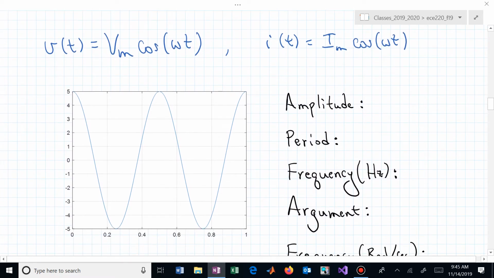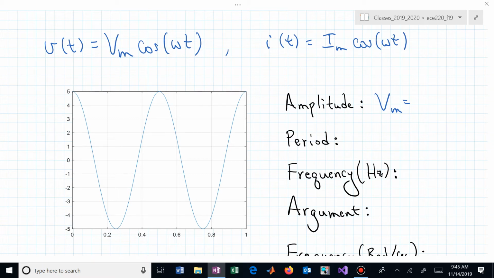But now for a given sinusoid, I can find the amplitude. Can you read that off from your chairs? If I call that a voltage, what's the Vm? It's 5.